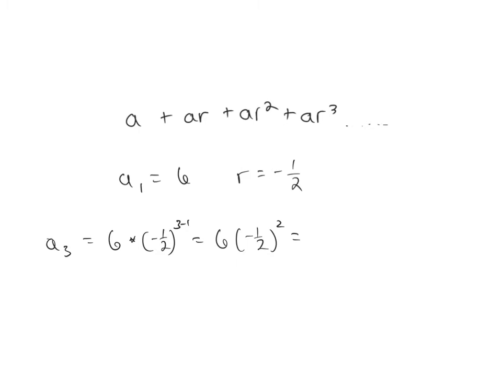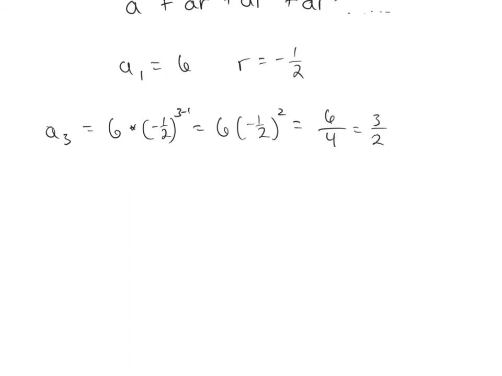That makes 6 times 1/4, and that's 6 over 4, which is the same thing as saying 3/2. So once again, the formula to find a certain n-th term is a times r to the n minus 1, and that finds any particular value.